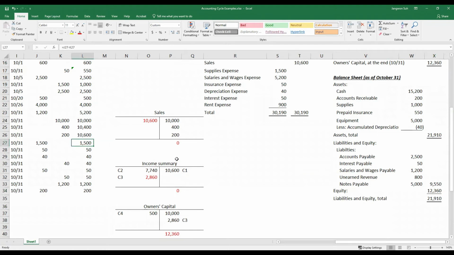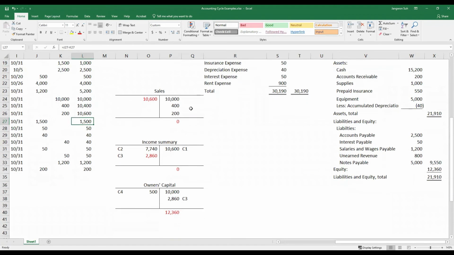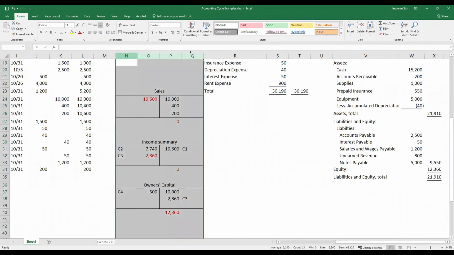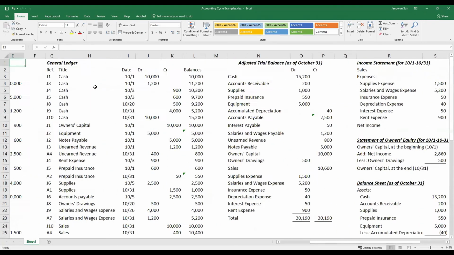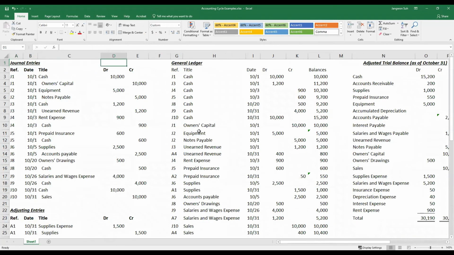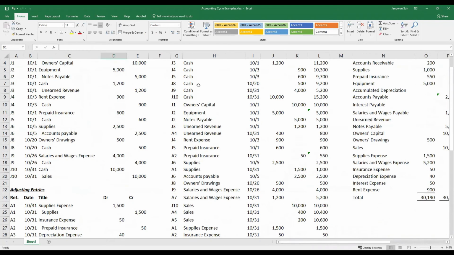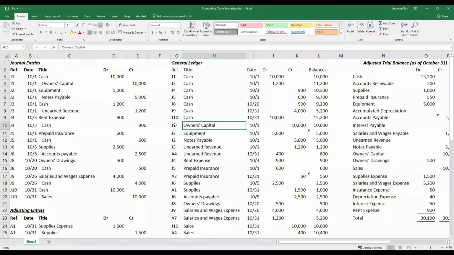Now you closed everything. I've used the T accounts for educational purpose, but if we continue using this tabular format of the general ledgers, let's quickly update all the balances. Cash, owner's capital. Yes, we need to update it.